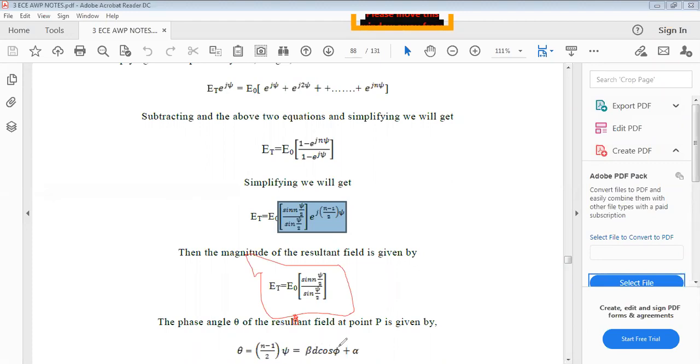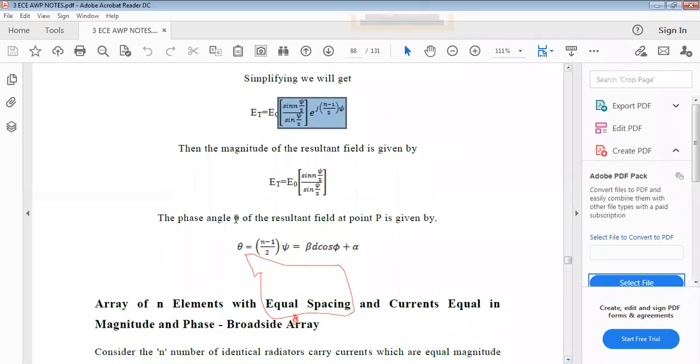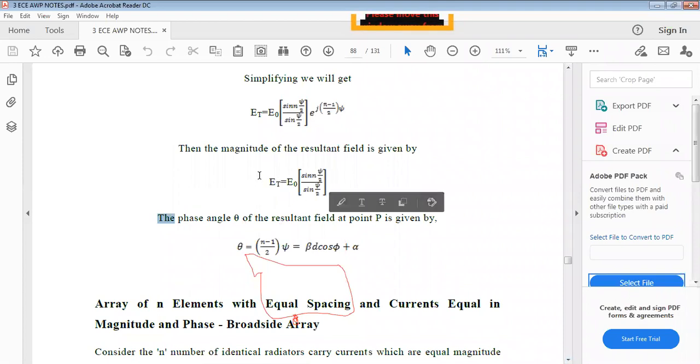So that's why beta d cos phi plus some alpha, if there exists any additional phase. But in practice, no need to mention this; until this expression is enough.